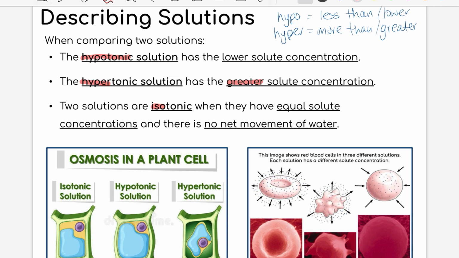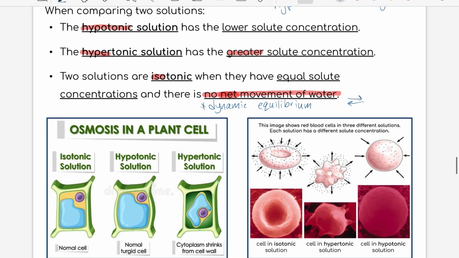Okay, when two solutions are isotonic, they have equal solute concentrations, and so there's no net movement of water. And the key word here is no net movement of water. What this means is that they reach a dynamic equilibrium. Remember that water molecules are still moving in both directions, just equally in opposite directions.